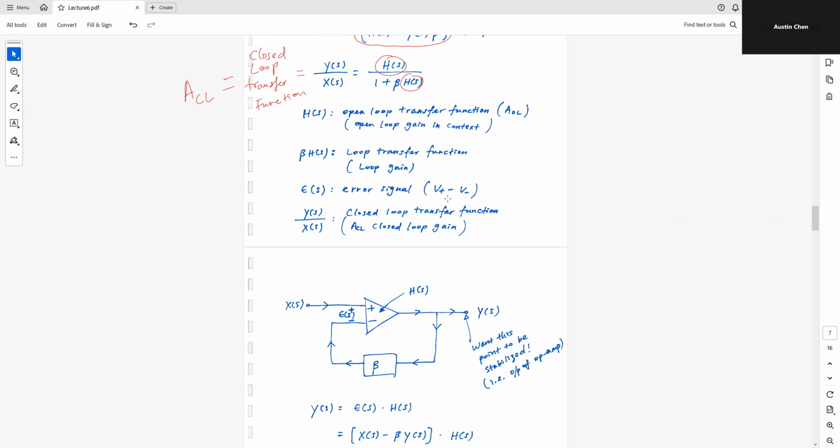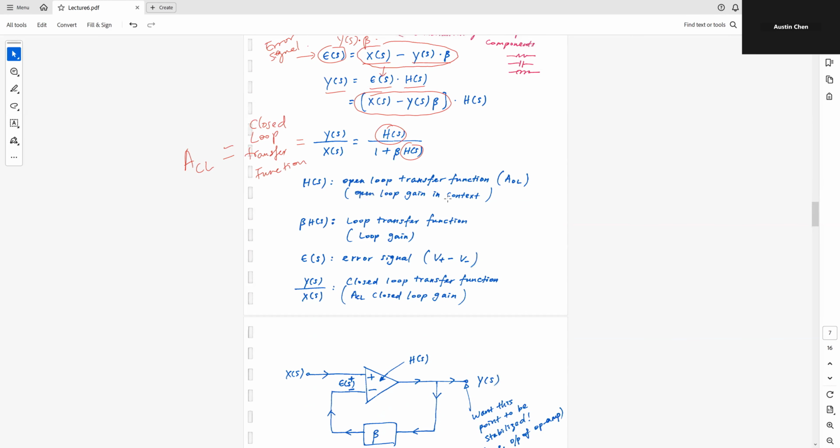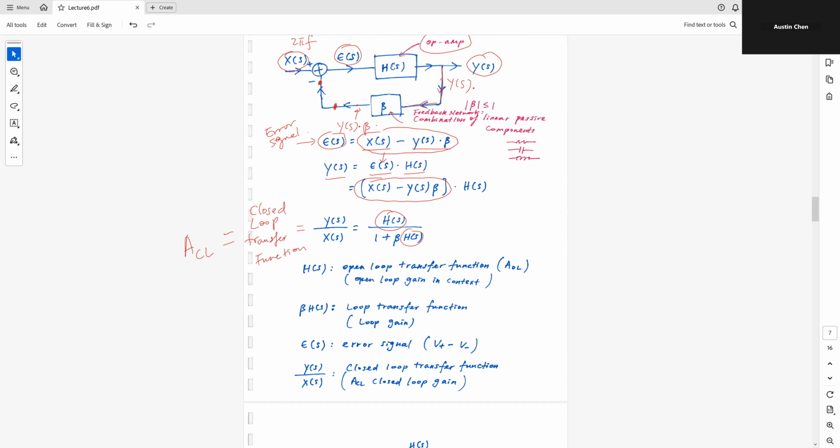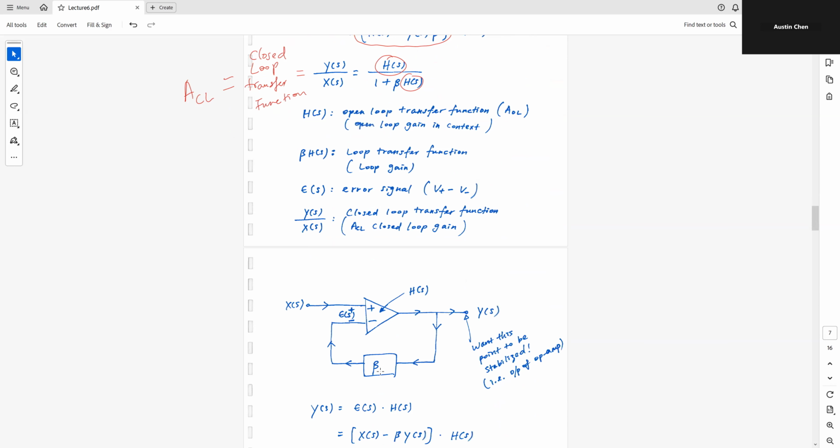Let's look at the next part of the discussion. I'm now going to replace this h of s with my op-amp. The beta network stays there intact, and the h of s is now replaced by my op-amp. At the tip of this triangle, I have my output, which I call y of s, following the same variable.